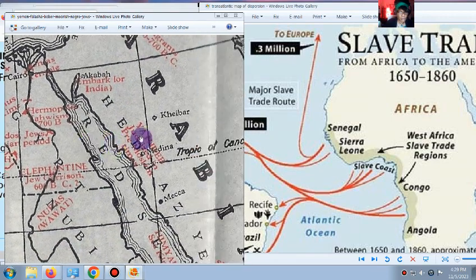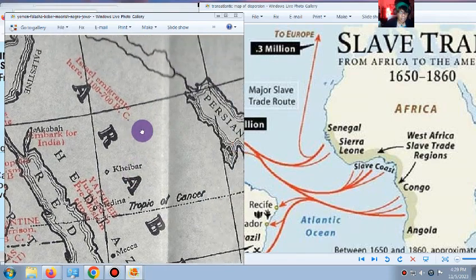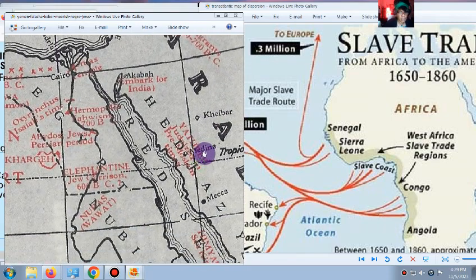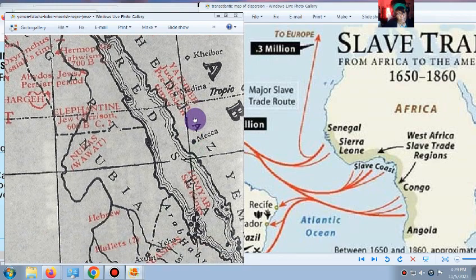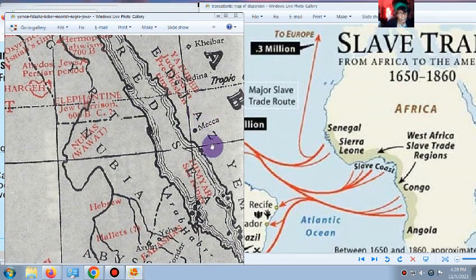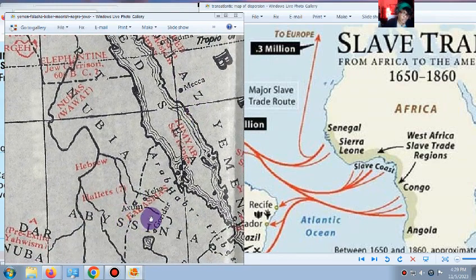It also talks about Solomon, mentioning Solomon's time. And here's the Philistines right here, Philistine Jews. So these red names are where the Jewish colonies were located in Africa.